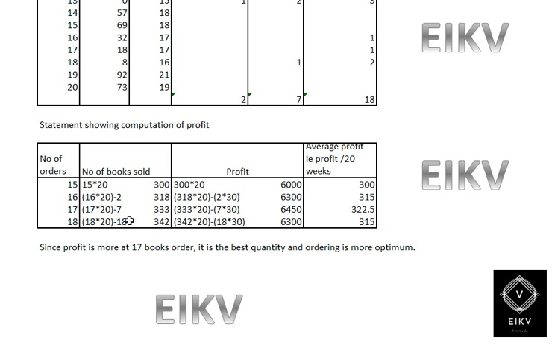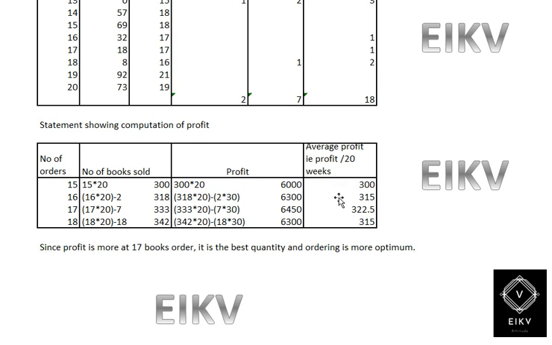Next one, when it comes to 18 books, the 18 into 20 will give you the total number of books, minus we have an unsold book of 18 numbers, therefore the total sales will be 342, and the profit will be 342 into 20 minus 18 into 30. 18 books has been written, and 30 is the amount for the books which have not been sold, therefore 342 into 20 minus 18 into 30 will give you 6300, and 6300 divided by 20 will give you 315 per unit.